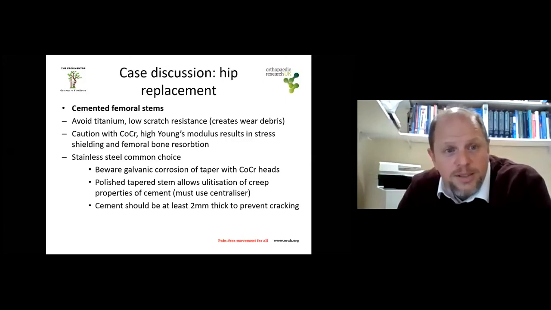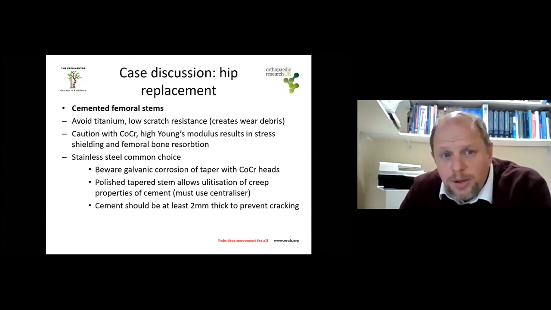That's the 316L low carbon stainless steel. And you think that that is a good choice for a stem because it's going to have a Young's modulus which is not too far off the cortical bone, but it's better than titanium because titanium has very low scratch resistance.